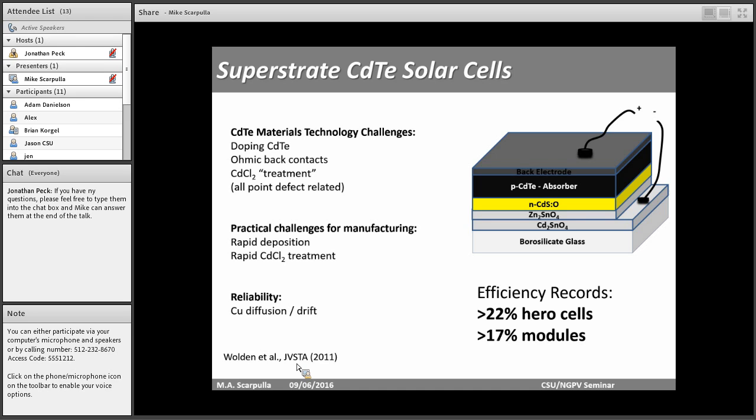So we took on the idea of trying to use ultraviolet nanosecond lasers to modify that back contact.